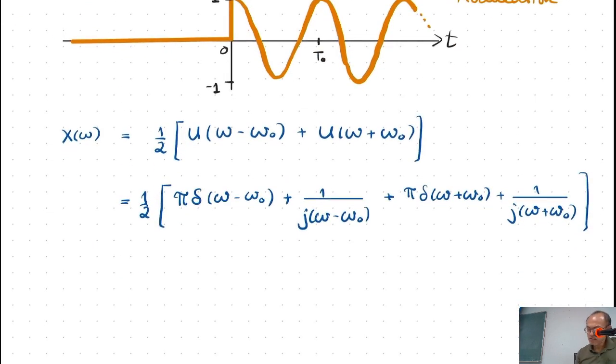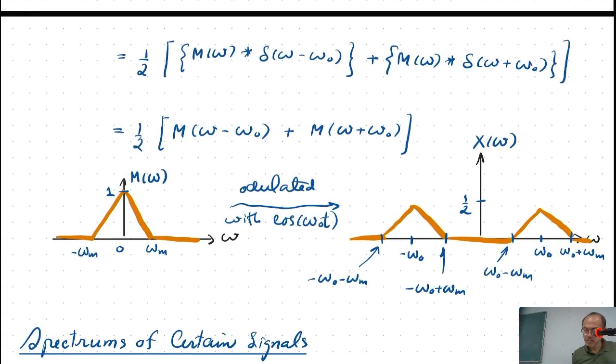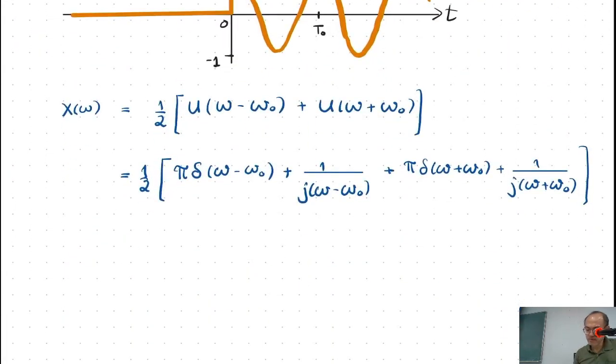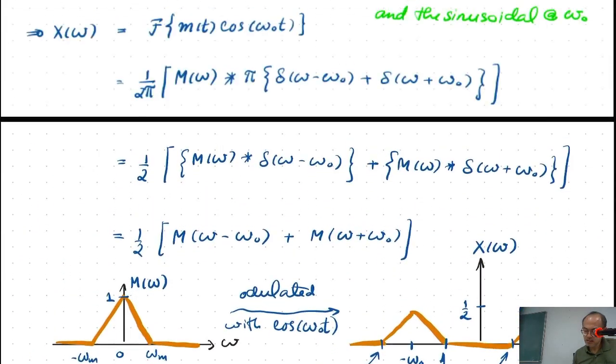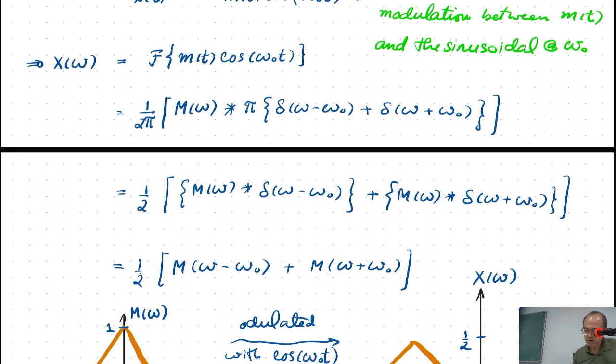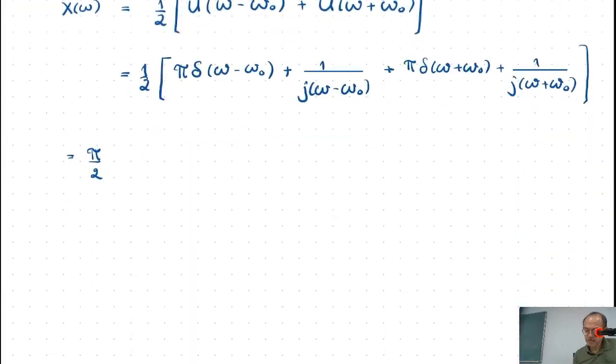Now you can group them together to have pi over 2 of delta omega minus omega 0 plus delta omega plus omega 0.